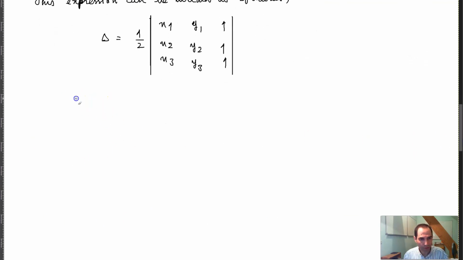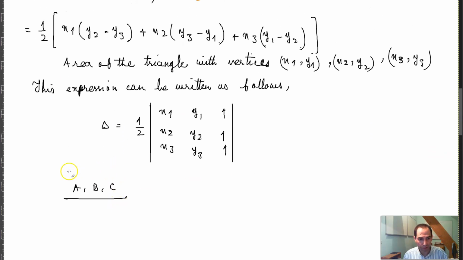They give you 3 points, for example, A, B, and C, and you want to show that these three points are collinear. If the 3 points are collinear, and you put these 3 points in this formula, the area of the triangle becomes 0, which means that the points are collinear, right? So that's basically that.